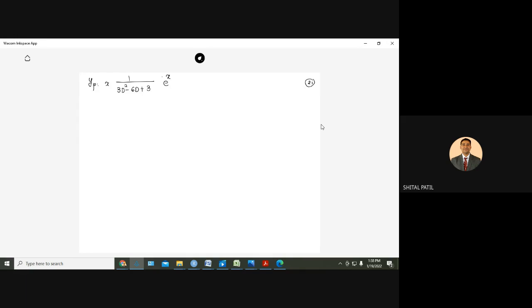Now again replace d by 1. Again it is 0. Yes, no problem. Second formula. Already x is there. One more x.